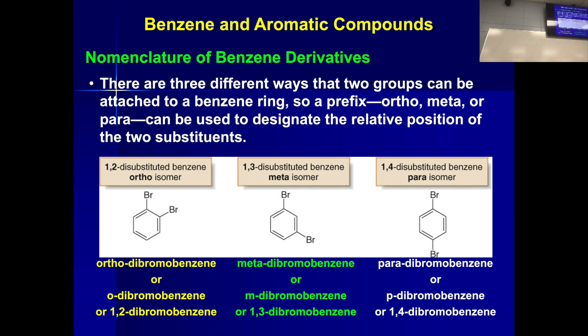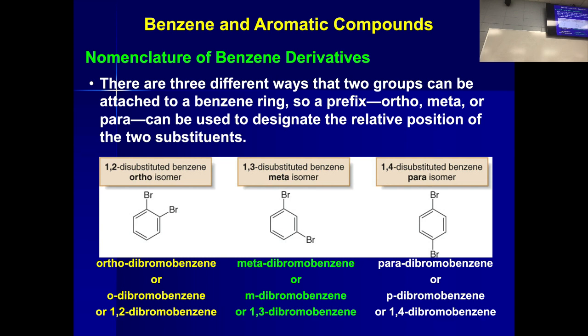So if you have more than one substituent on benzene, like we did here, and as she mentioned, she would have named this 1,2-dibromobenzene, and there's nothing wrong with that. However, when you have two groups that are in a 1,2 relationship on a benzene ring, we say that they are ortho to one another. This carbon and this carbon are ortho to one another. So this is ortho-dibromobenzene.